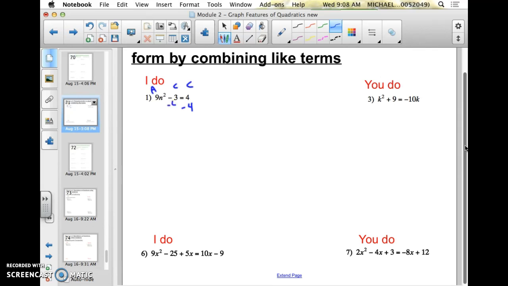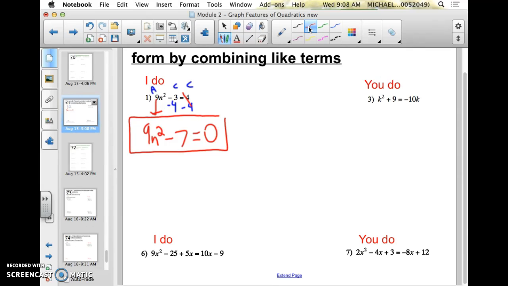So I'm going to minus 4 from the left-hand side as well, but I'm going to line it up directly underneath its like term. So these cancel out. And then I didn't do anything with the 9n squared, so I'll just drop it down. 9n squared, and then negative 3 minus 4 is a negative 7. Equals then 0. And I have it in standard form.